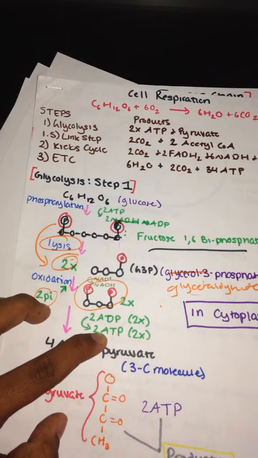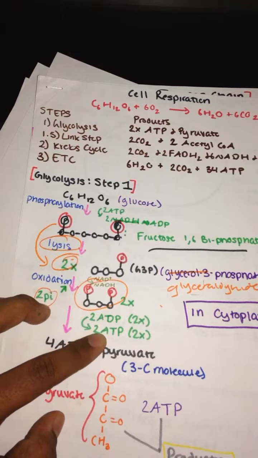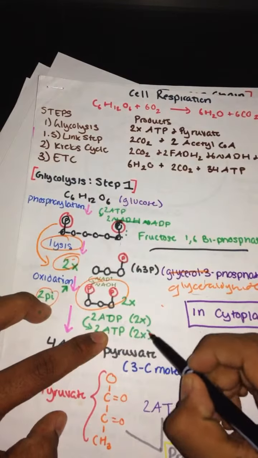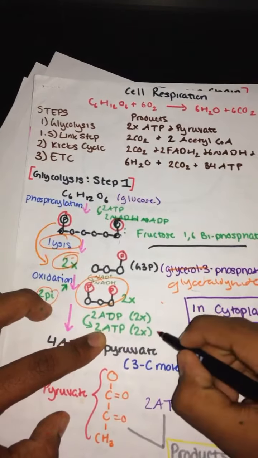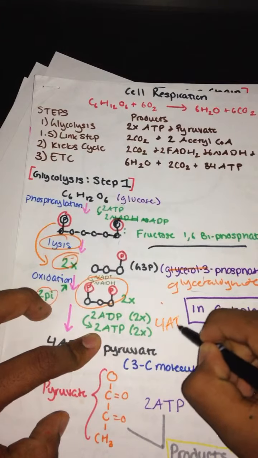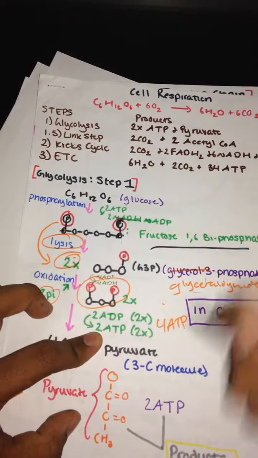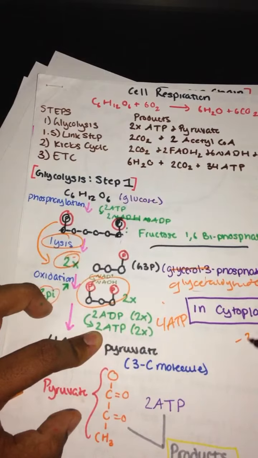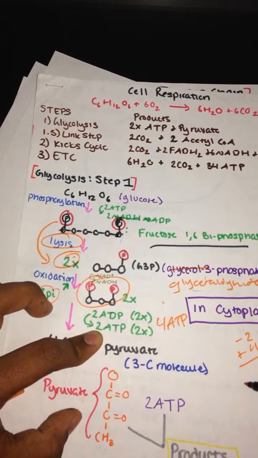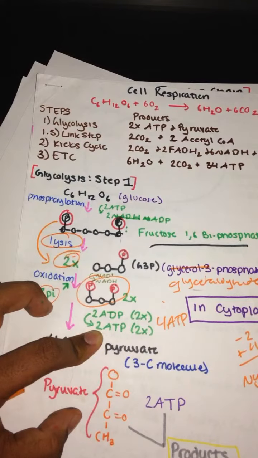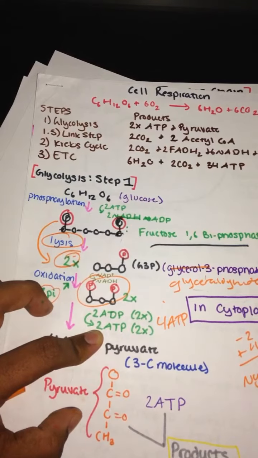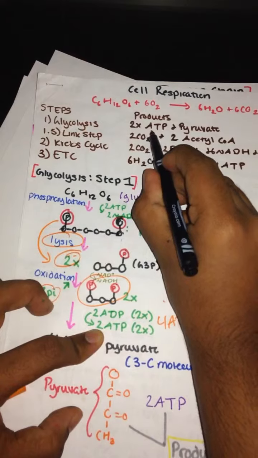Now this happens for each 1 G3P with the inorganic phosphate, so it happens twice. That's why there's the 2x over here. So here you have a gain of 4 ATP. You lose 2 over here, and you gain 4 over here, so you have minus 2 plus 4, so you have a net gain of 2 ATP, which is one of the products from glycolysis.